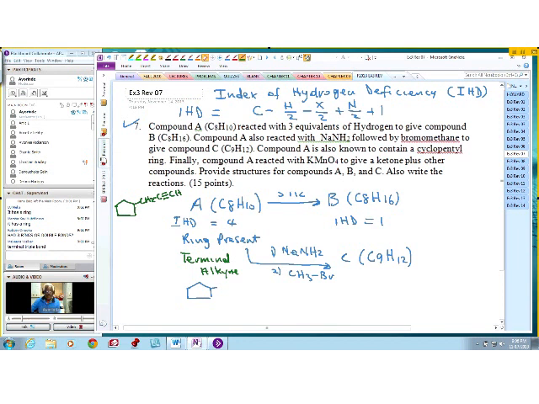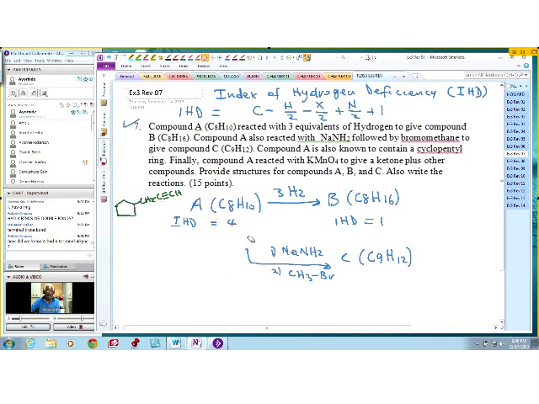Now it says, finally, compound A reacted with potassium permanganate to give a ketone plus other compounds. We already know about all of this, so let me take it out of the way. How did we know A had a terminal alkyne?